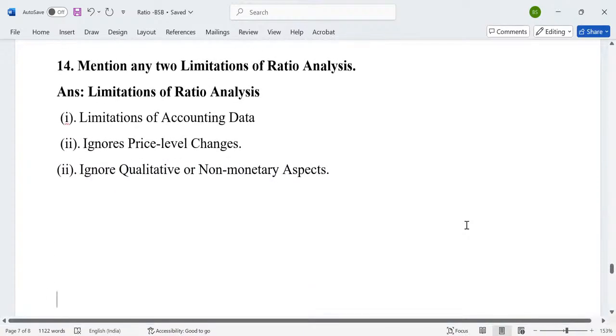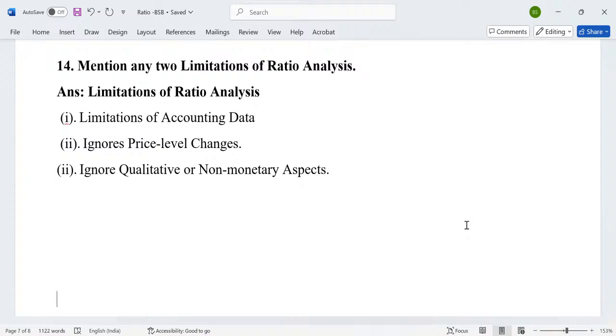Question number 14. Mention any two limitations of ratio analysis. Answer. The limitations of ratio analysis. Number 1, limitation of accounting data. Accounting data is limited only. It is not unlimited data. Second, ratio analysis ignores the price level changes.